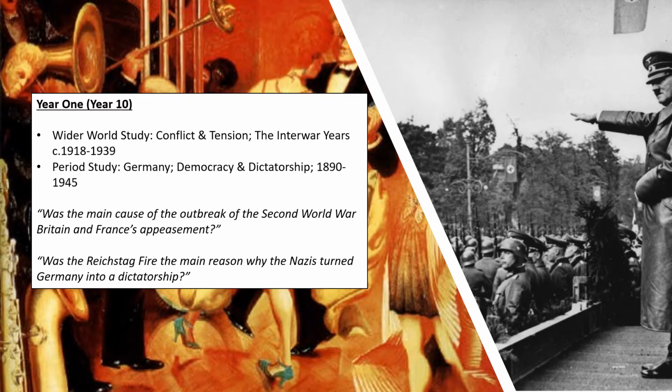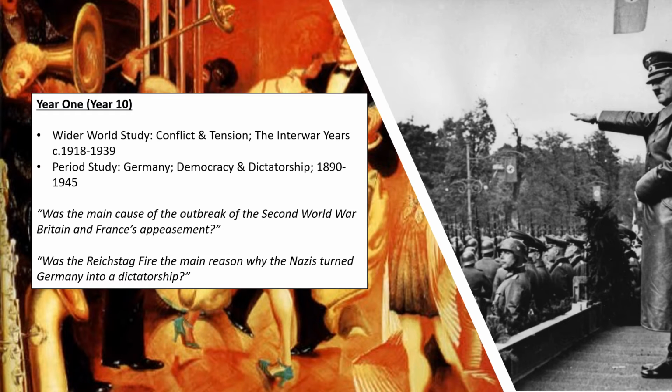Halfway through Year 10, the students then go on to their second unit, which is AQA's period study, and we've chosen Germany, Democracy and Dictatorship. We believe this is a really relevant study for our students to do because it really enhances their understanding of big concepts like democracy and dictatorship.